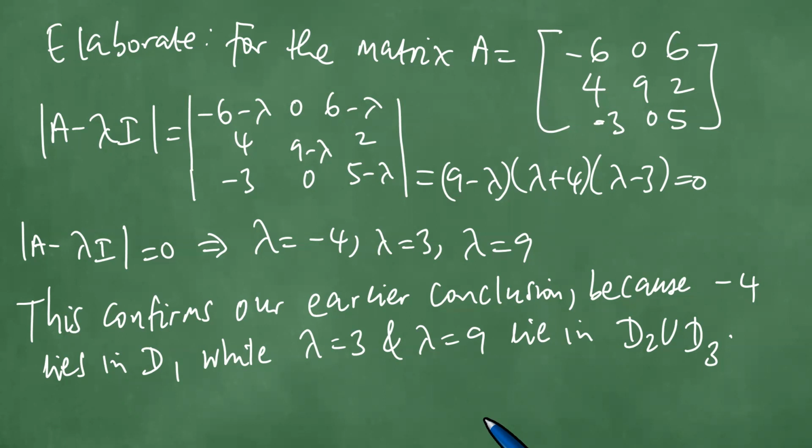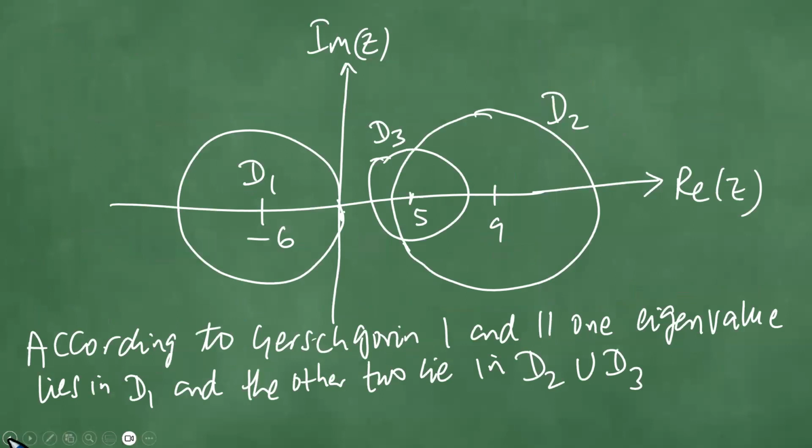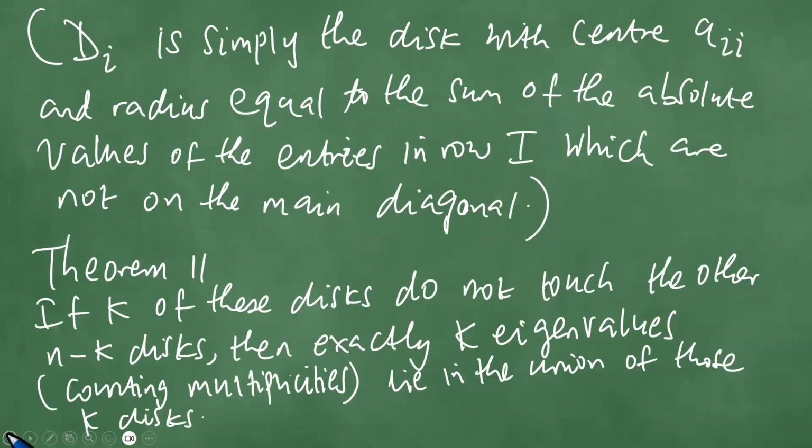The disk centered at minus 6 does not touch the others. According to this theorem, if k of the disks do not touch the other n minus k disks, then exactly k eigenvalues, counting multiplicities, lie in the union of those disks.